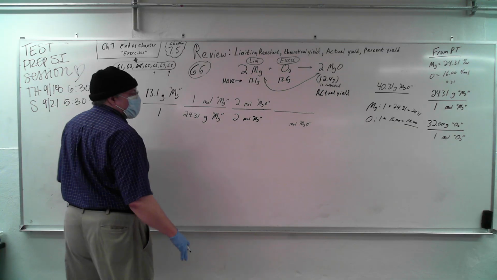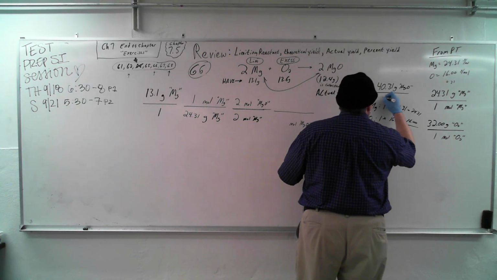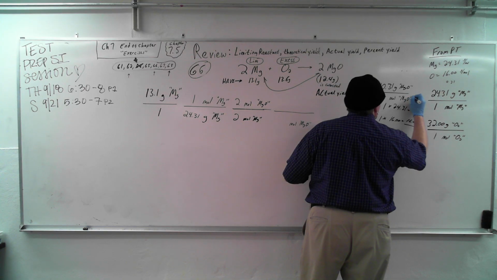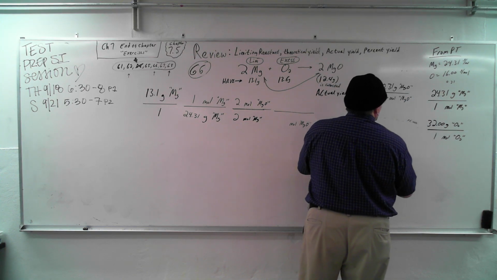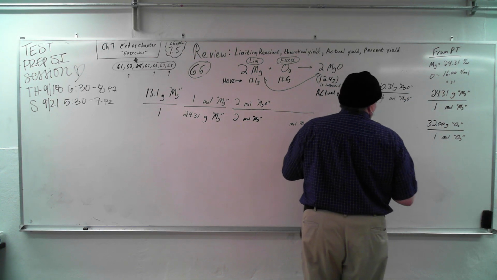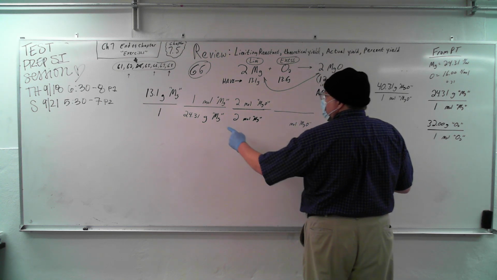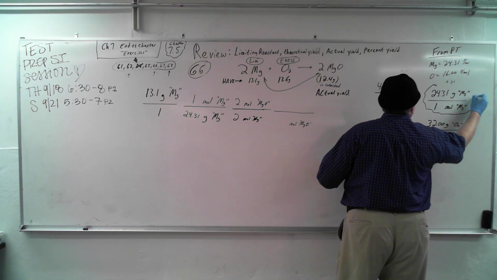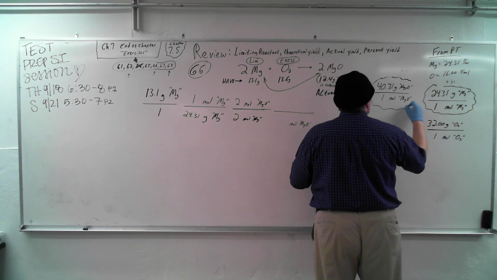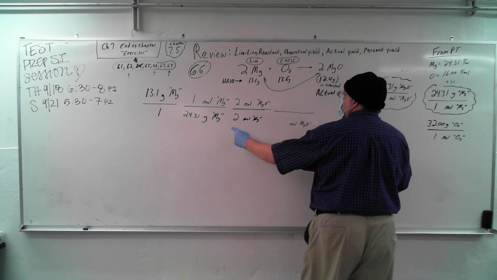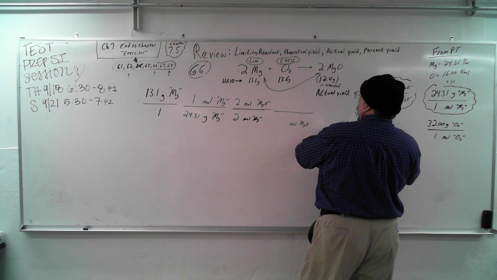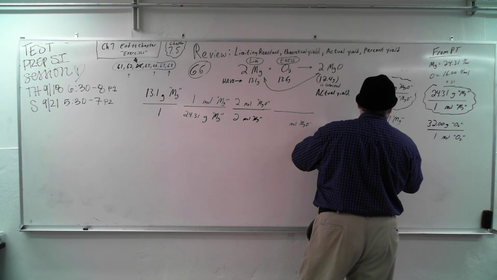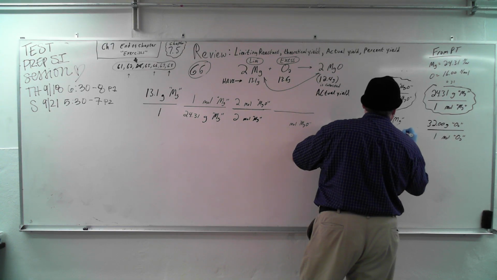So I got the molar ratio, and now I've got the grams per mole. MgO. I'm going to use this. And the molar ratio I used was between these two: 2 moles of Mg to 2 moles of MgO.